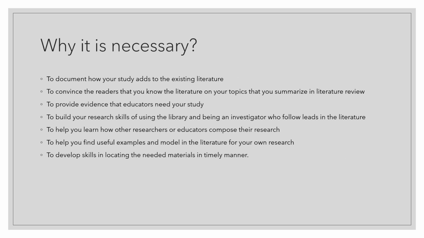And then why is it necessary? As I have said earlier, in the literature review, you put many kinds of information. Why? This is to document how your study adds to the existing literature. And then it is also to convince the readers that you know the literature on the topics that you summarize in the literature review.